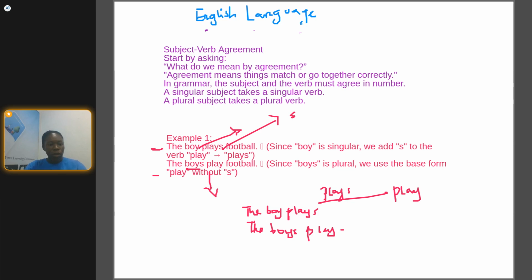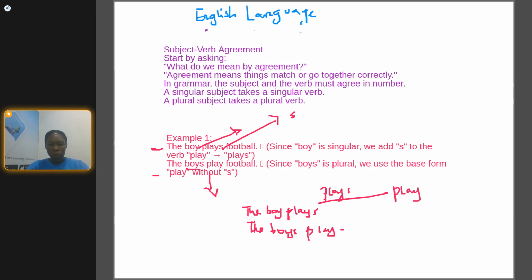All right, so we're looking at number two. Rule number two is that the pronouns I and you take the plural verb. Okay, let's have an example.